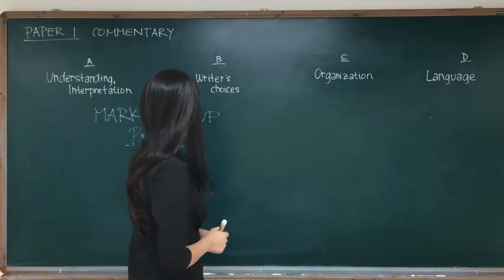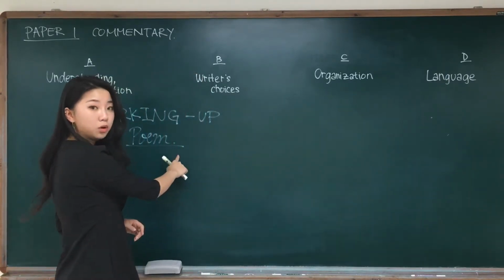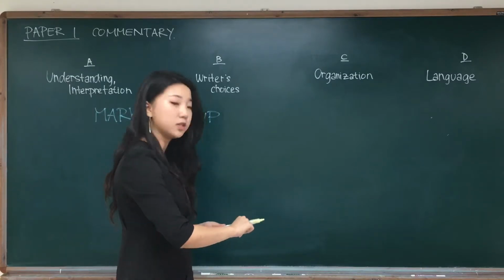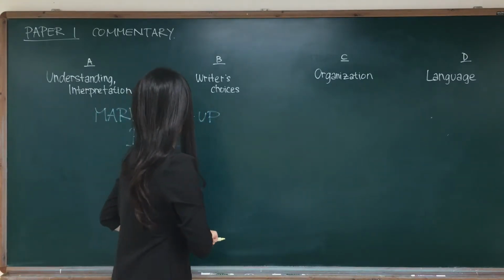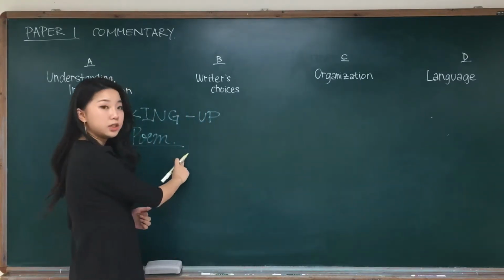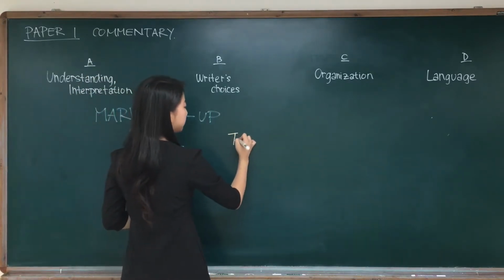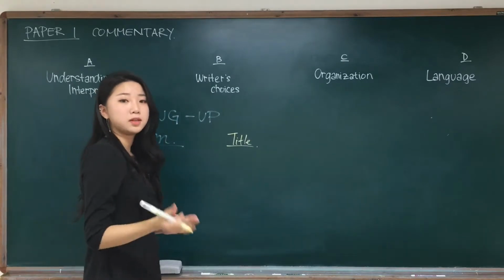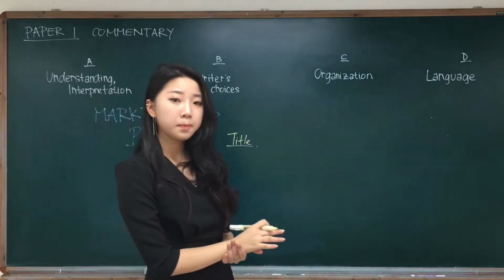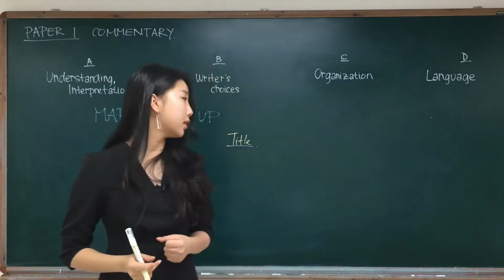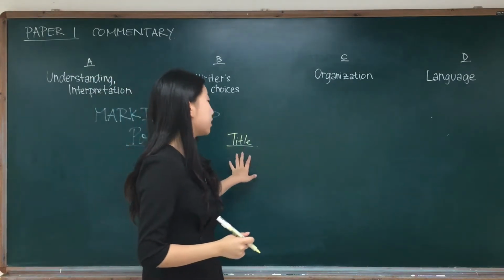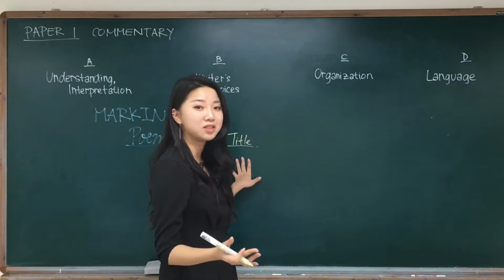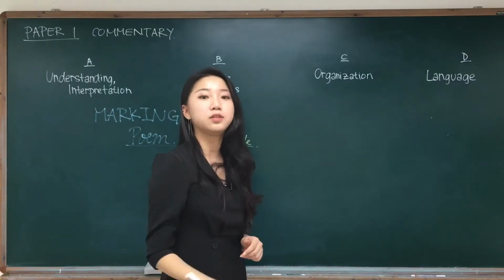When you approach the poem, there are a few important things you need to look at. When you read the poem, the first thing you encounter is the poem's title. The title is really important because although it's really short, it is a key to the author's message and what the author is trying to convey to the reader.